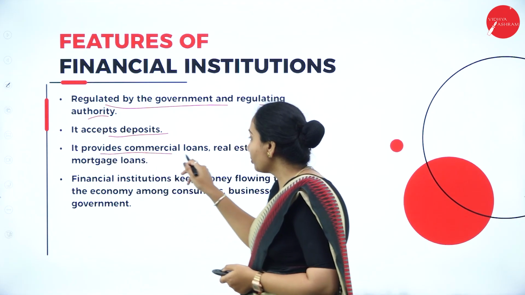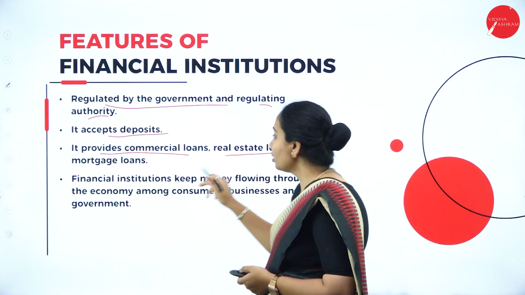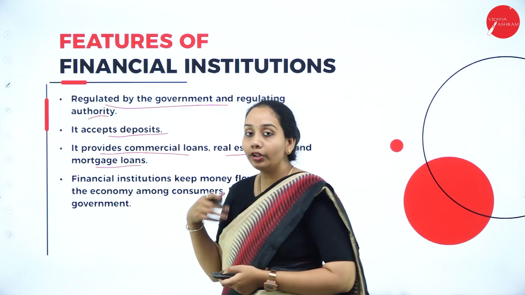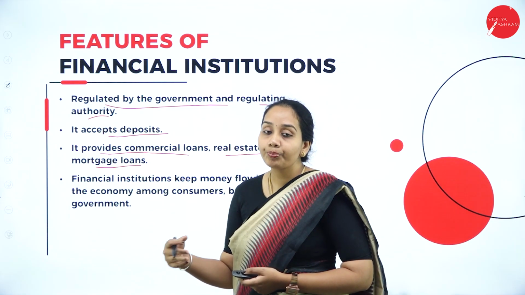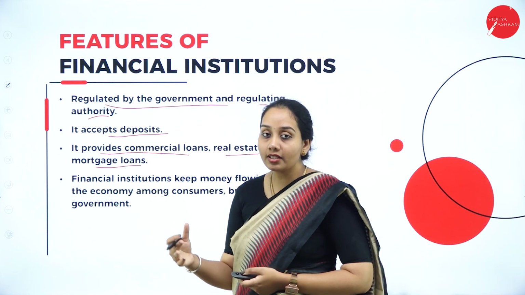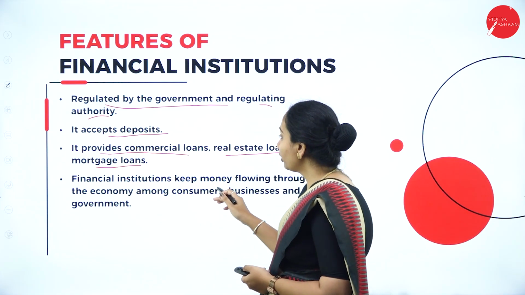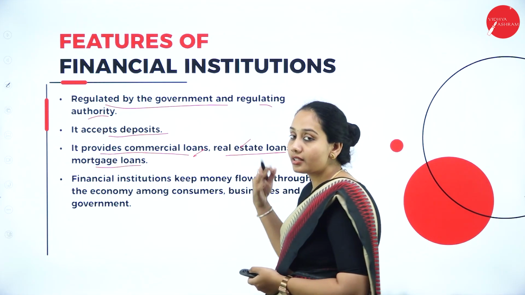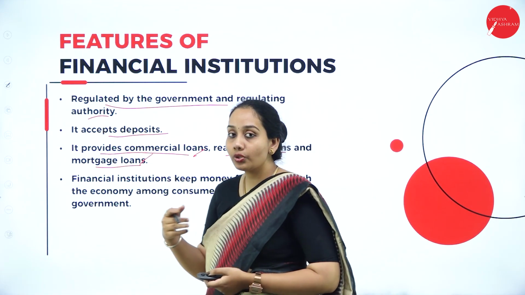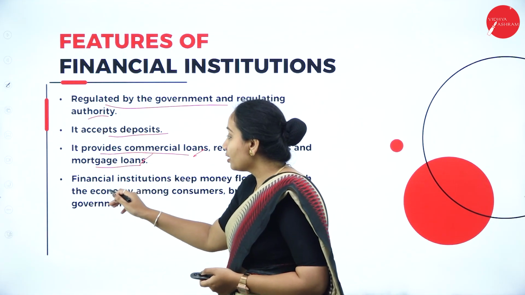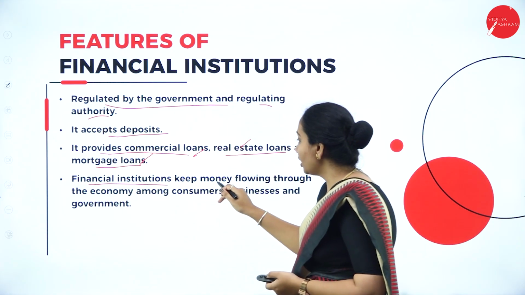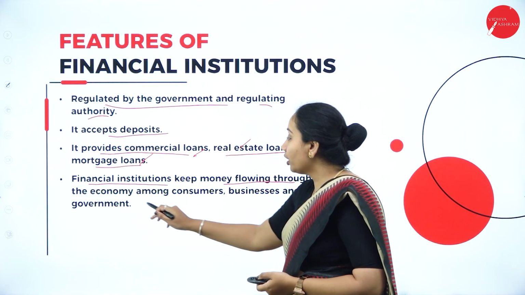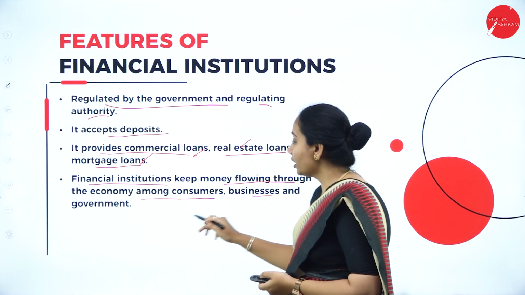Next, it provides commercial loans, real estate loans and mortgage loans. So it lends loans to the borrowers, that is the investors or the account holders. What kind of loans? Any kind of commercial loans, real estate loans or mortgage loans like gold loans, etc. Next, financial institutions keep money flowing through the economy among consumers, businesses and government.